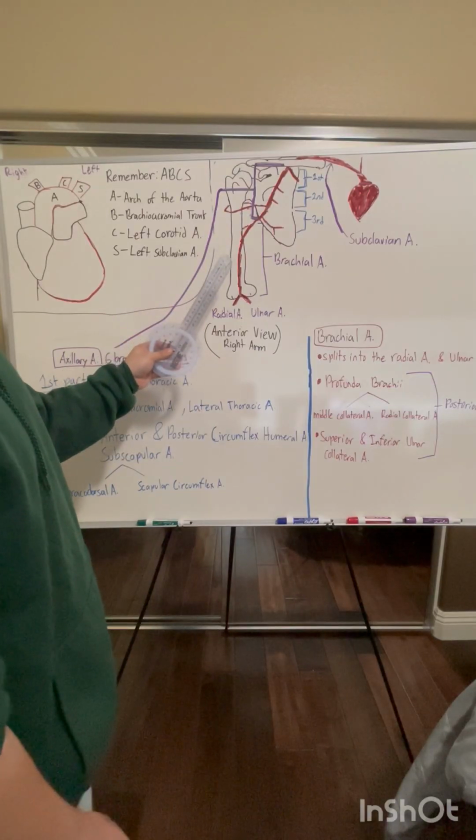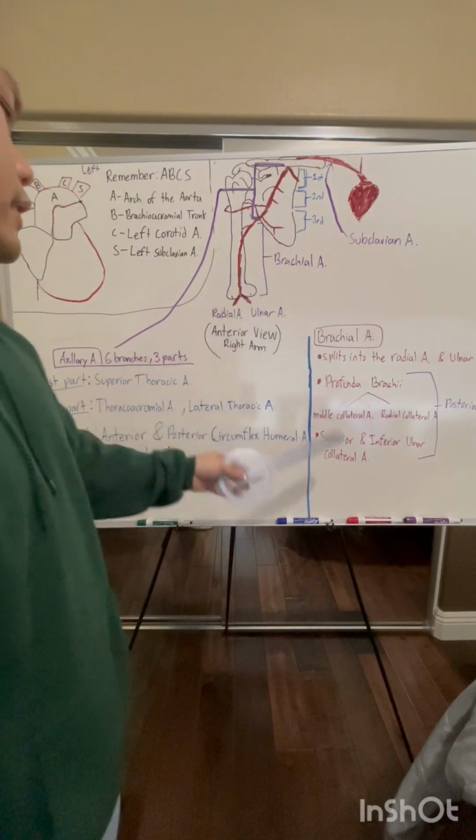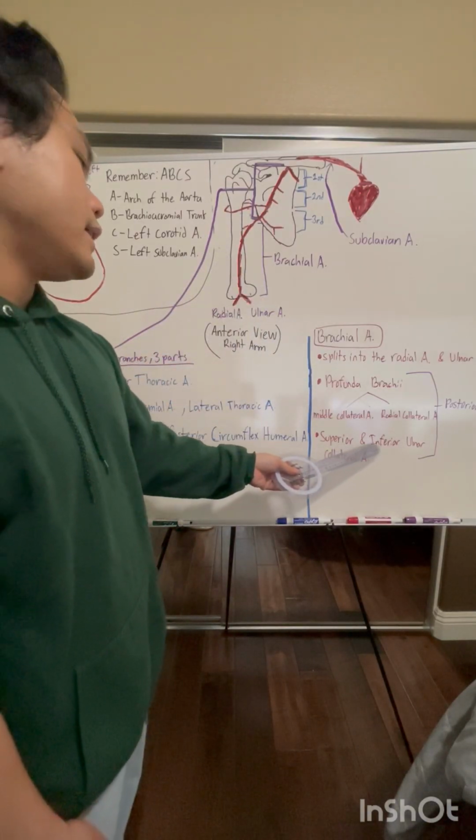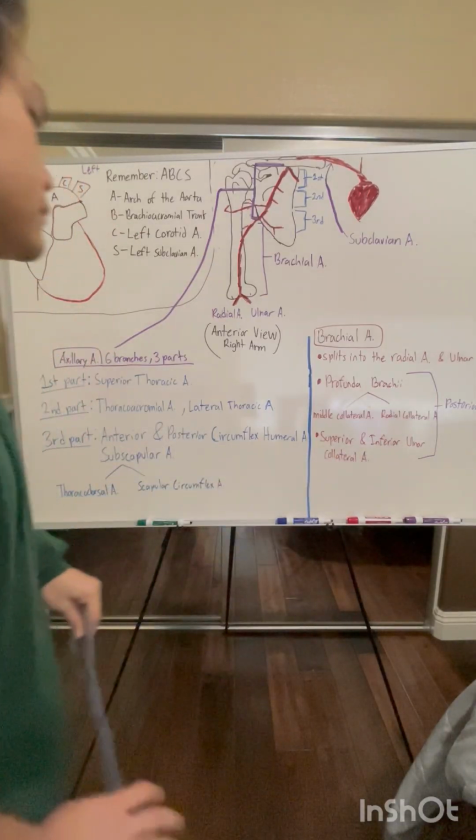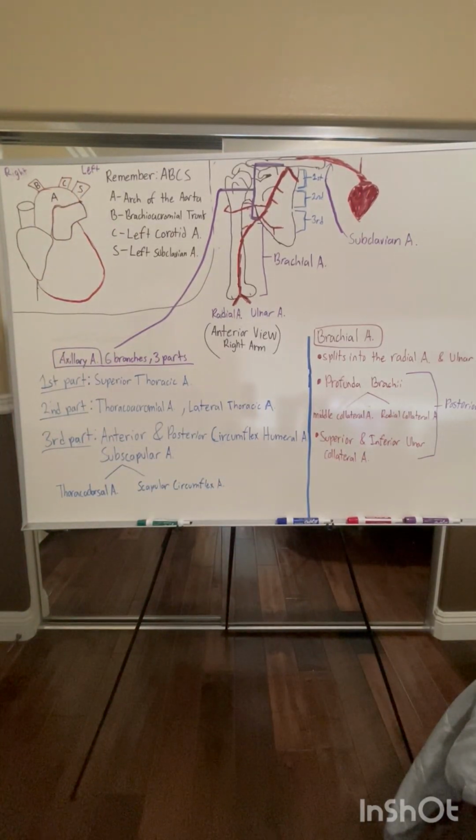Another posterior branch for the brachial artery is going to be the superior and inferior ulnar collateral arteries. And that should be it for the shoulder and supplying the arm as well.